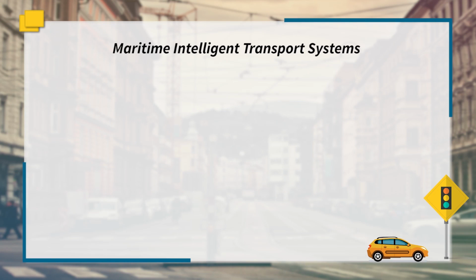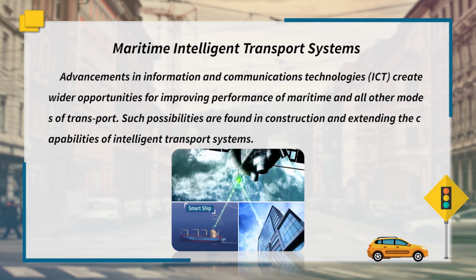At last, we will introduce what maritime ITS is. Advancement in information and communications technologies creates wider opportunities for improving performance of maritime and all other modes of transport. Such possibilities are found in constructing and extending the capabilities of intelligent transport systems.